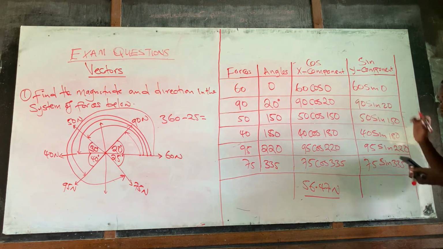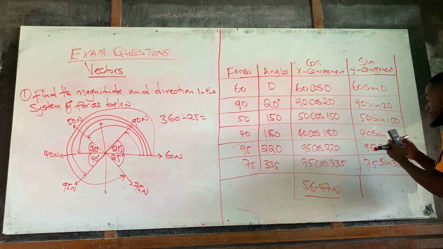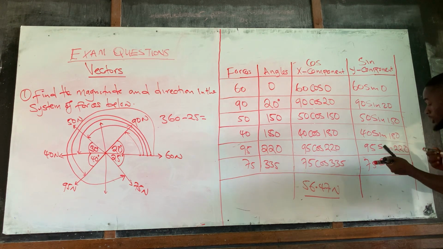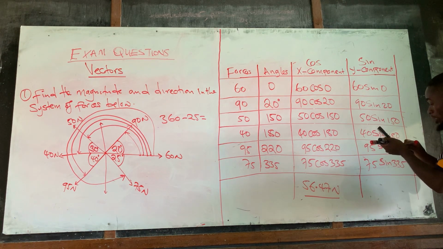Okay? And here again we do the same. 60 sine 0 plus 90 sine 20 plus 50 sine 150 plus 40 sine 180 plus 95 sine 220 plus 75 sine 335 again.